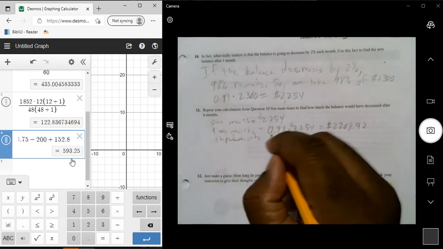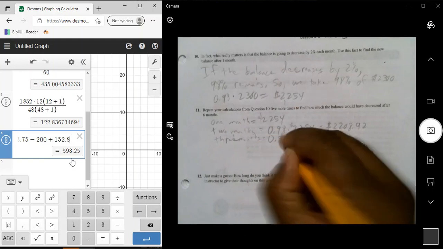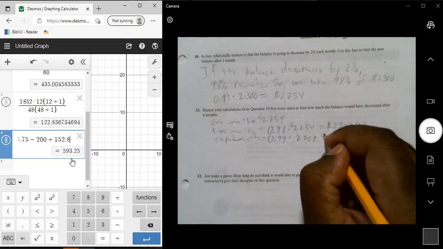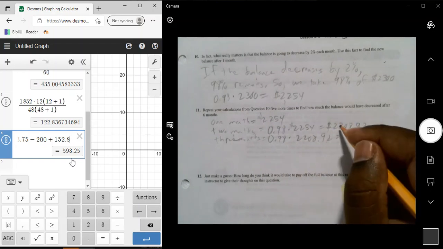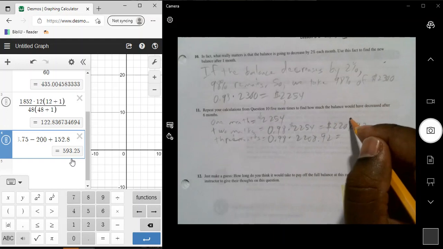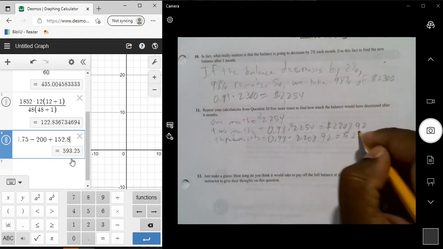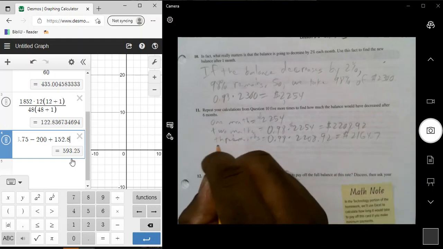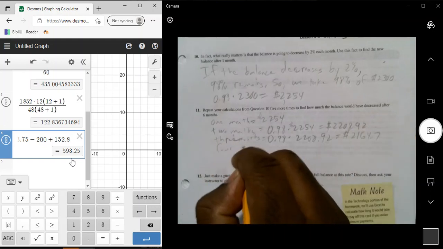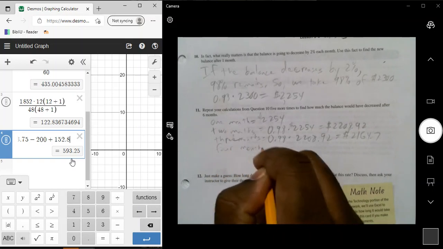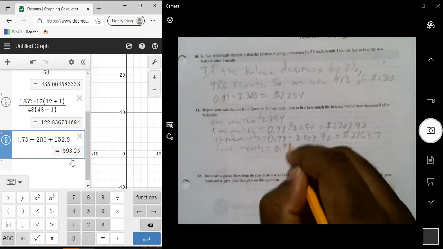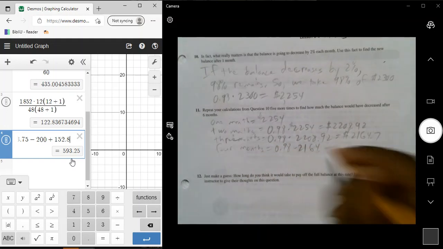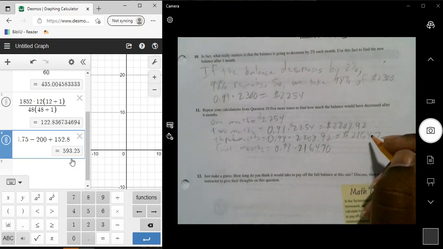we would take 98% of this 2,208.92, and that would give 2,164.74. Now we keep doing that. We have 4 months. 0.98 times that $2,164.74.